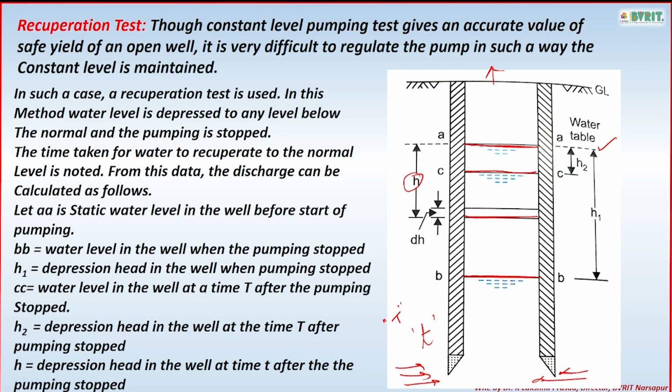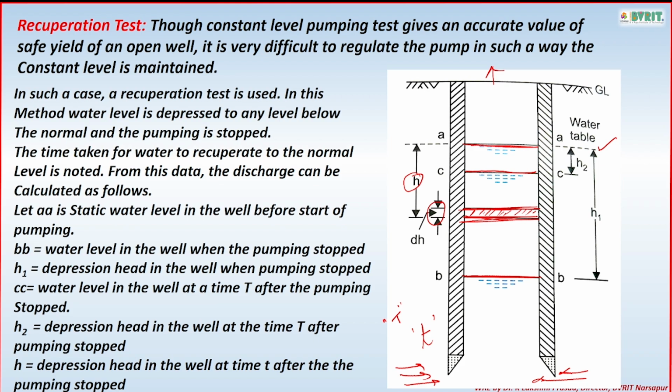If I allow a small time dt, then in that small time dt, it recuperates by an amount dh. So at any time small t, the level of water in the well is this. In small time dt, the level here has come up to here. It has basically decreased by dh because of the recuperation. That is the first thing.